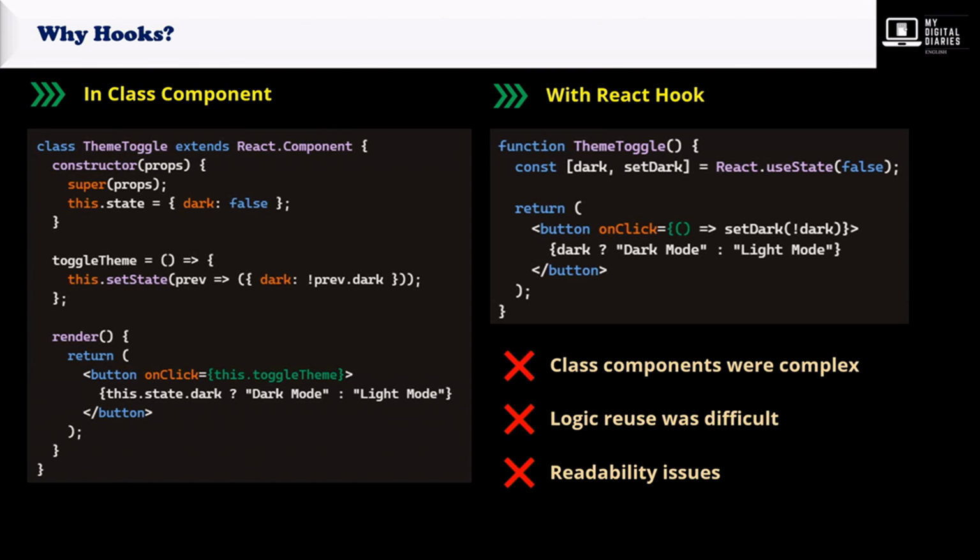Hooks fix this by allowing related code to stay together. State, effects and cleanup can be written in one place, which makes the component easier to read and much simpler to maintain. So in short, hooks were introduced to make components easier to write, easier to reuse and easier to understand, and that is why hooks became the preferred way to build React applications.